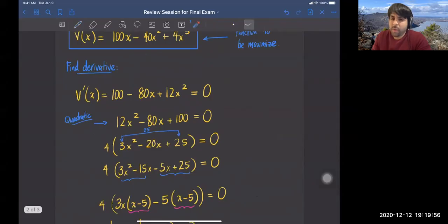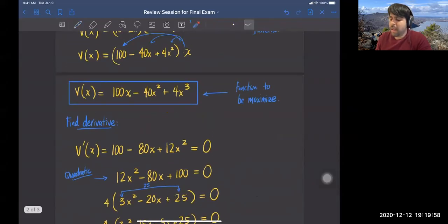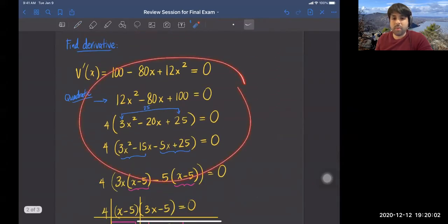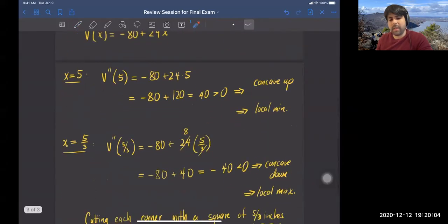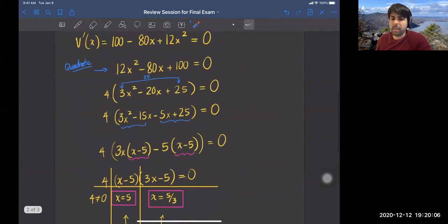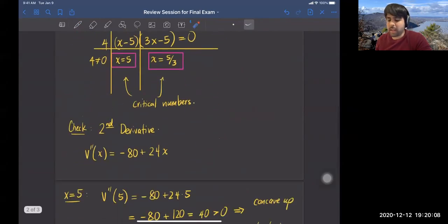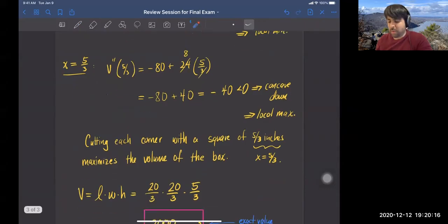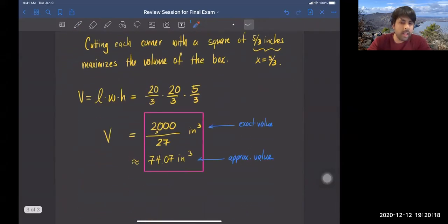Hopefully you guys agree with me that this is the most difficult part, because after this, you guys have been doing these steps a lot, haven't you? You've taken derivatives, you set them equal to 0, you found x, you've done second derivatives. You just have to learn how to interpret what those numbers mean when you plug in the critical numbers and such and so forth. And I get my final answer.